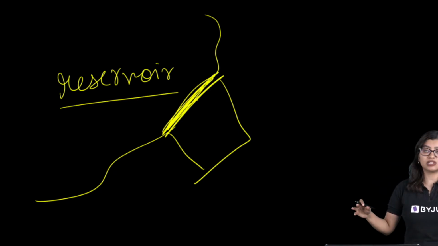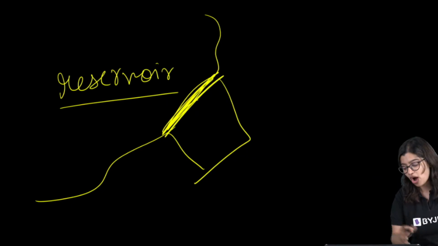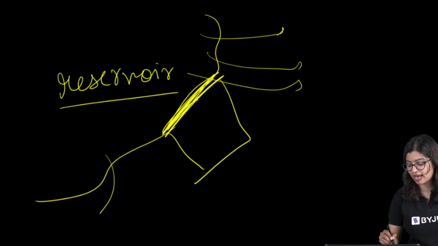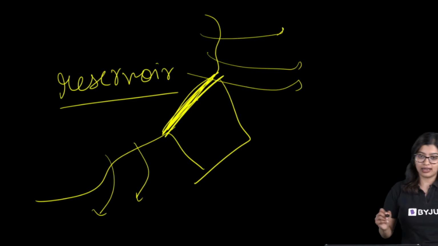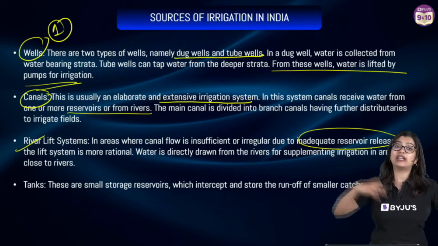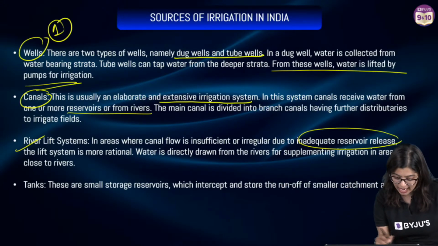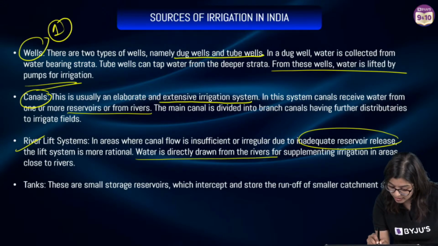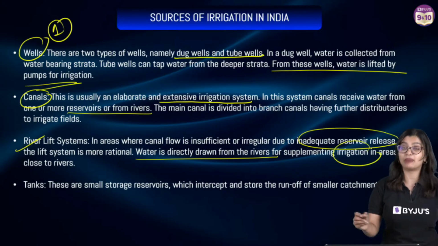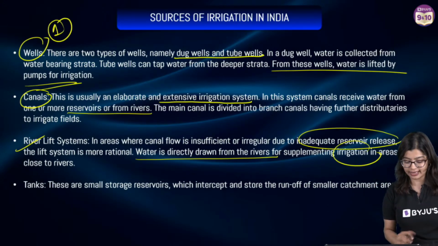And normally we observe this structure when a hydroelectric project or a dam is built. They do this so that they can provide sufficient water supply to all the agricultural fields. But if there is inadequate release from that, what will happen? Water from the river is directly taken. They will directly use the water from the river for irrigation.